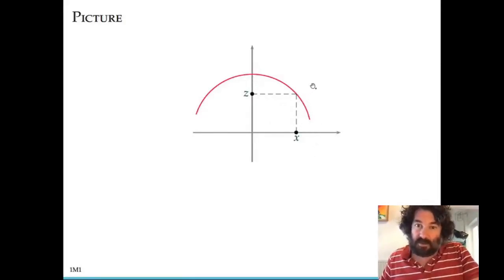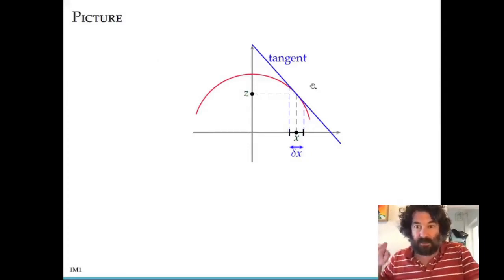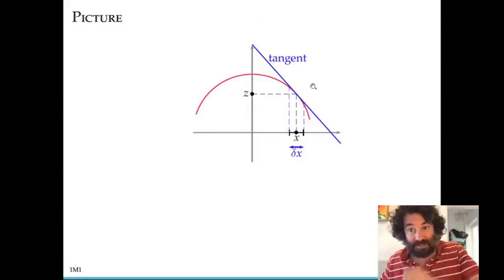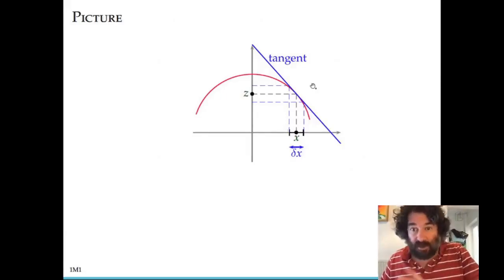But then suppose there's some error in x. Now we know x is actually within some interval with the half width delta x. Then, well, we'd estimate the size of the error in z by projecting that interval up, as shown, onto the tangent line to the graph, and then over onto the vertical axis to give the error in z.